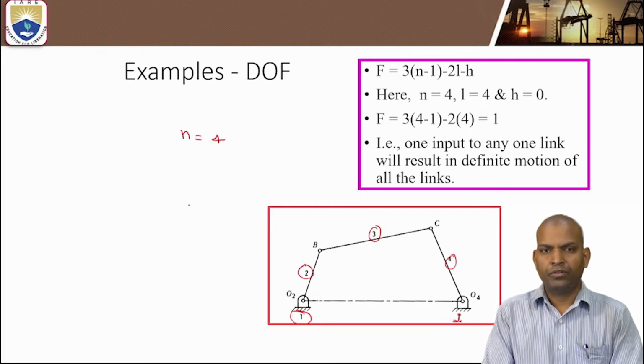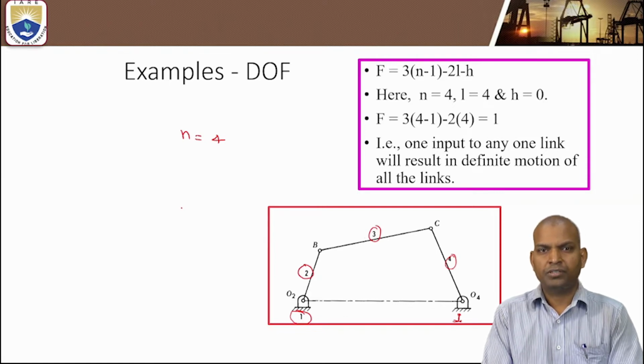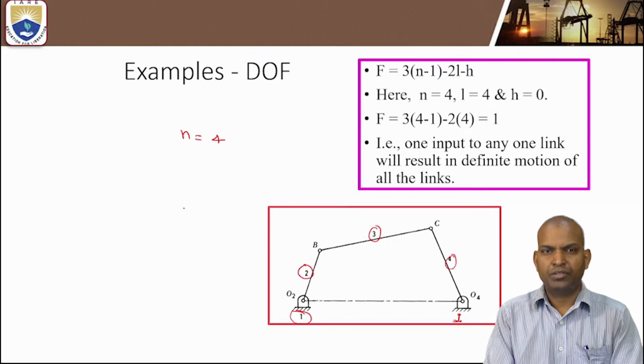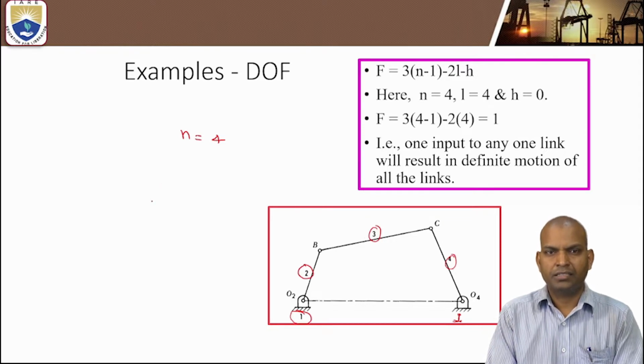And what is the number of lower pairs? Lower pair means the contact between two elements is a surface contact or area contact.